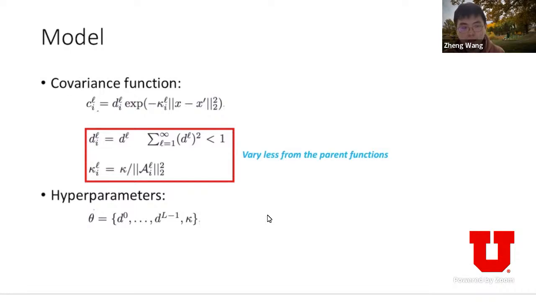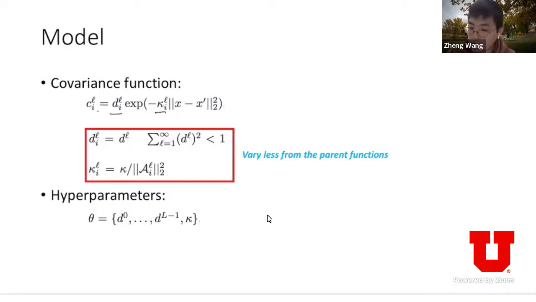They just use the squared exponential kernel here. They gave the magnitude of the kernel function and the length scale of the kernel function, kappa.